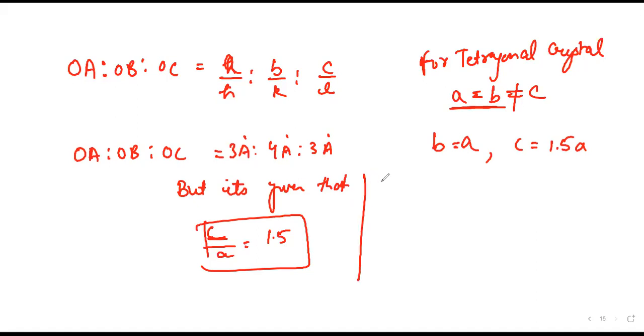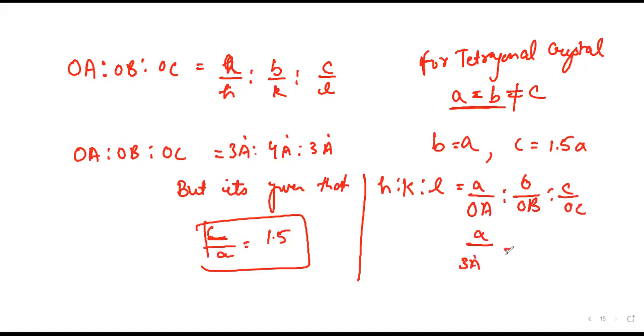So now again just substitute these values for Miller indices. h ratio, k ratio, l is equal to a over OA ratio, b over OB ratio, c over OC. So what is a? OA will be 3 angstrom, OB will be 4 angstrom. Similarly, c here will be 1.5 times a over 3 angstrom. Just solving this, a will cancel out, and since a is equal to b, it will also be a.